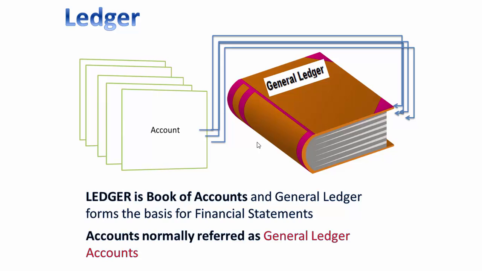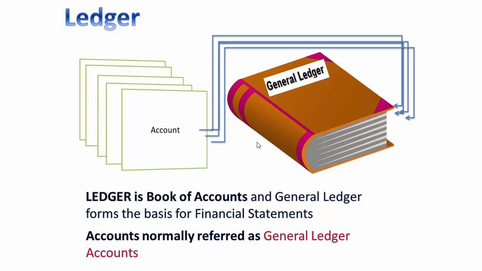Okay, so when you refer to a general ledger account, ledger account, or account, they are synonymous. There is no difference between a general ledger account and an account. Account is for recording the transaction values, and the book that you have all these accounts in is what we call a ledger, and all the accounts together are called the general ledger.